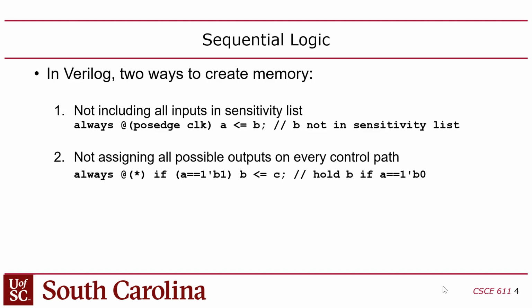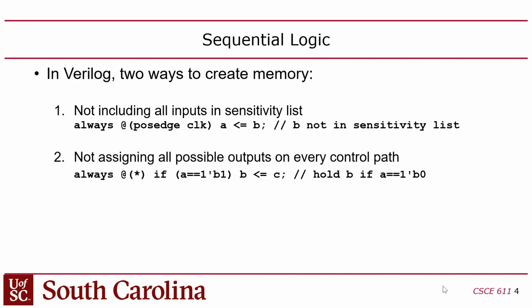The problem is that if A or C changes, it'll activate the always. But when it's activated, if this if condition is evaluated to be false, then I don't assign the output. You guys see that? So the always may run without ever assigning its output, B.